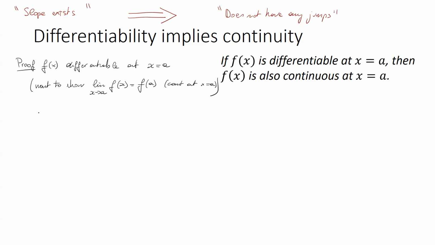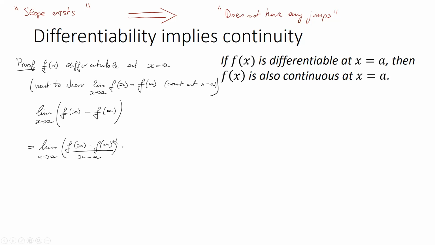And so in order to do that, let's look at the following limit. Let's take the limit x going to a of f of x minus f of a, and see if we can do something. And one thing that we can do is write this as f of x minus f of a again, and now we're going to divide this piece by x minus a.